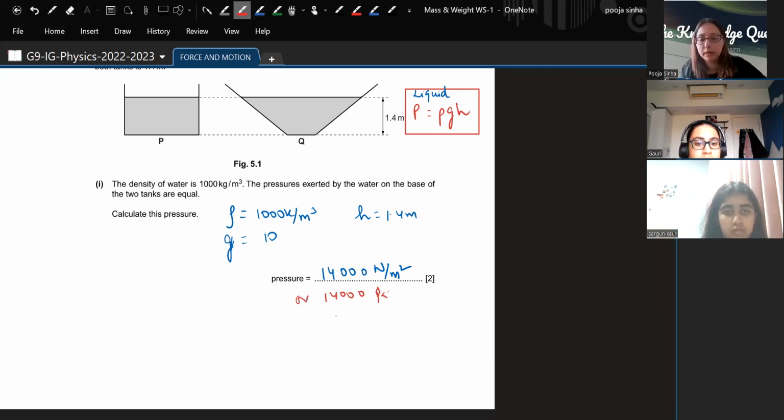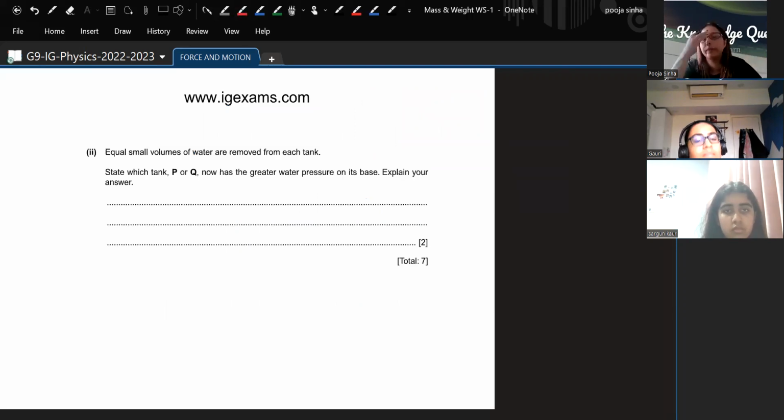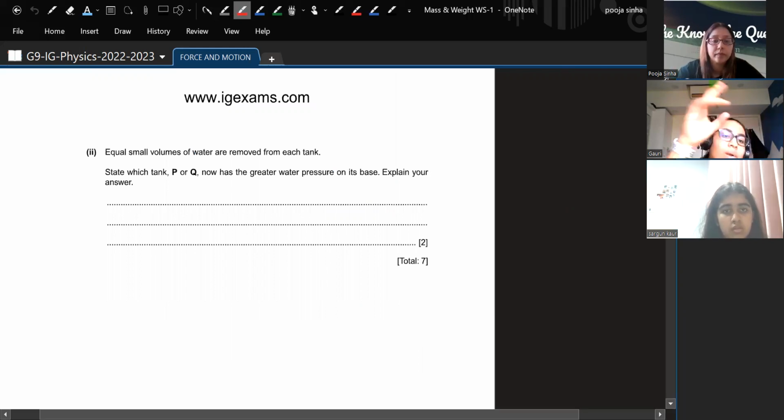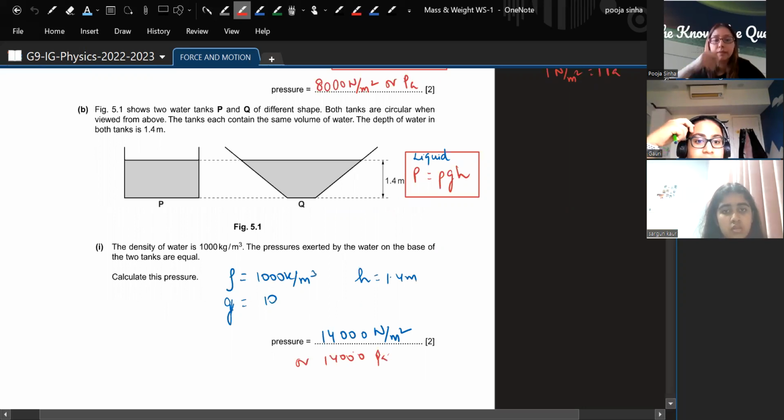Now coming to the next question. Gauri. Equal small volumes of water are removed from each tank. State which tank, P or Q, now has the greater water pressure on its base. Explain your answer. So small volumes of water are being removed from each tank, and it's equal.